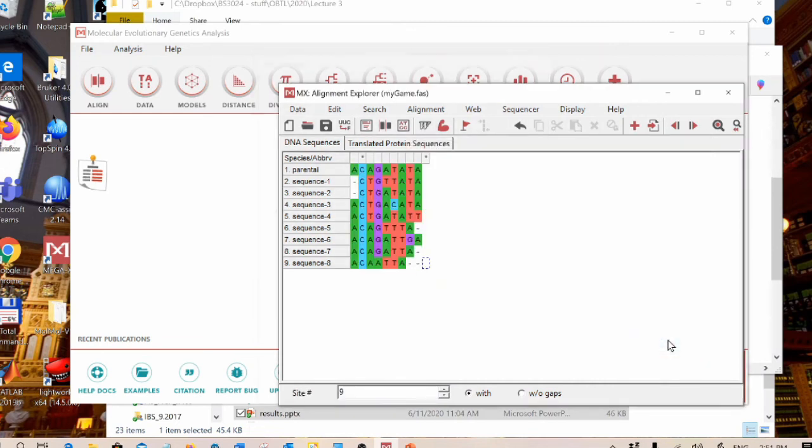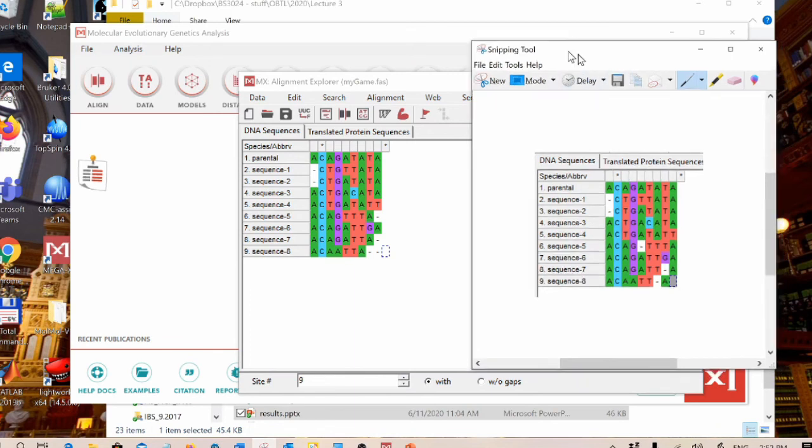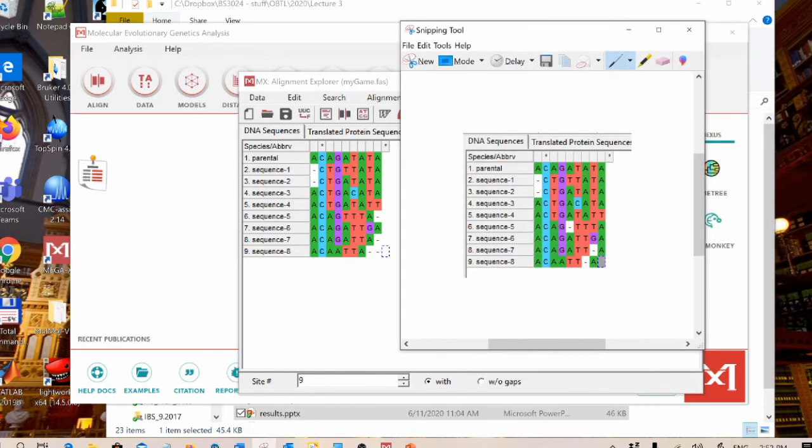So, okay, now we've got gaps reintroduced in here. The question is whether this reintroduction is correct. Let's see. Okay, this is our original alignment.